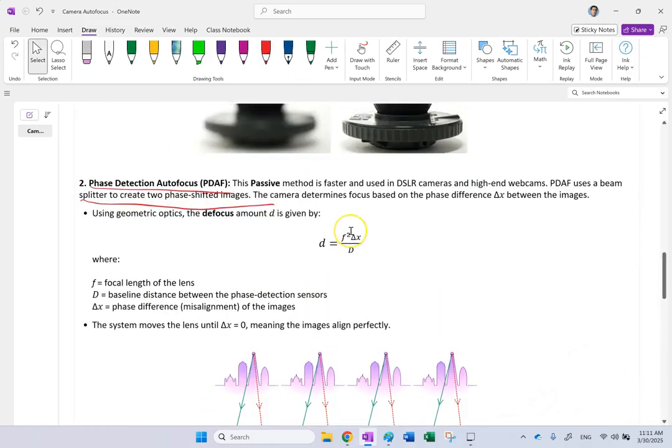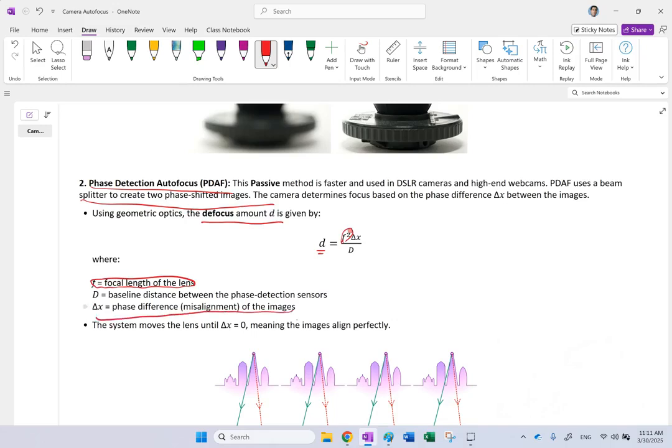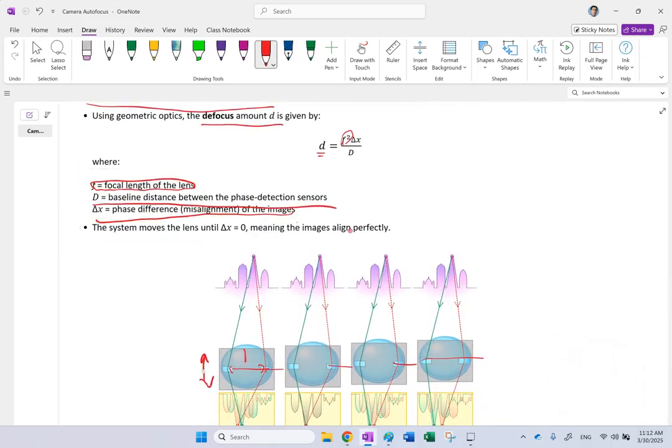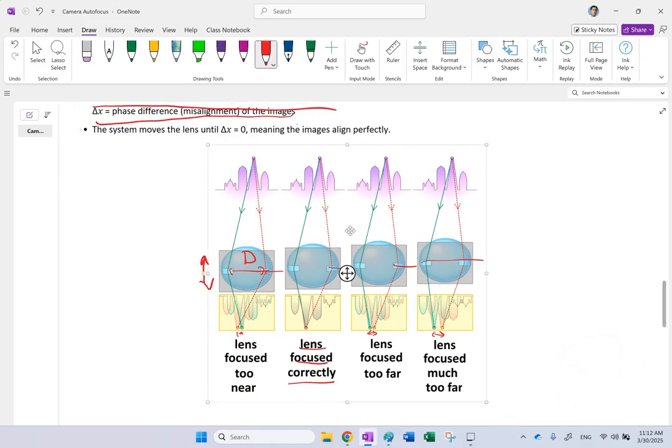So here, the amount of defocus between these two pictures of the scene, D, is related to the practical focal length squared times the phase difference of the images, or the misalignments, divided by the baseline. Here, the baseline is this distance between these sensors, that is D. Delta X is this offset here that you see.